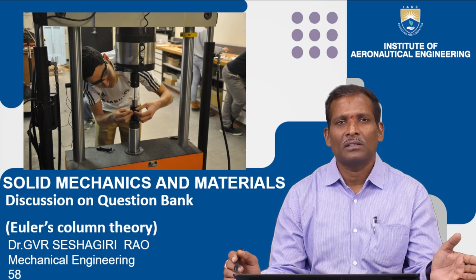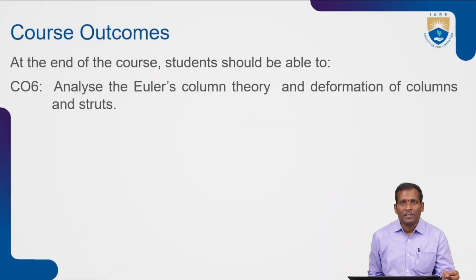Now in this question bank, we will see in today's session how to attempt the question in examination, how to write, and how to apply the formulas whenever columns are subjected to some loads.